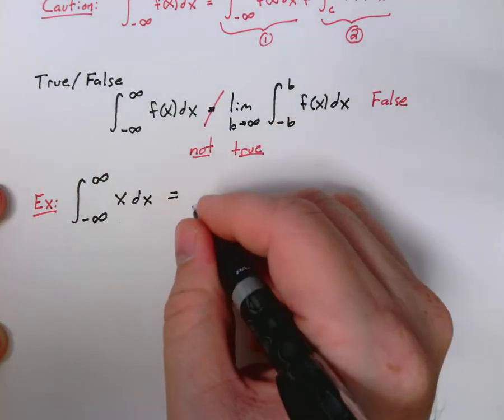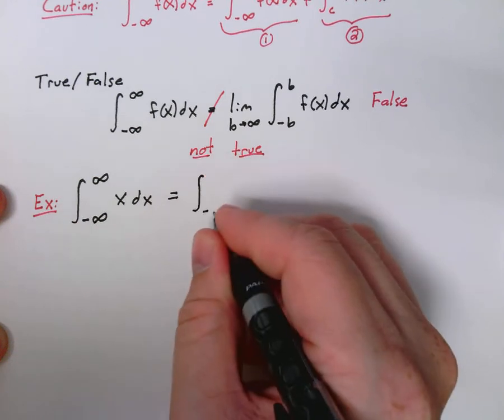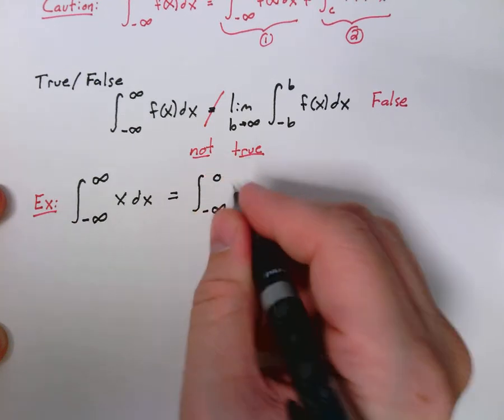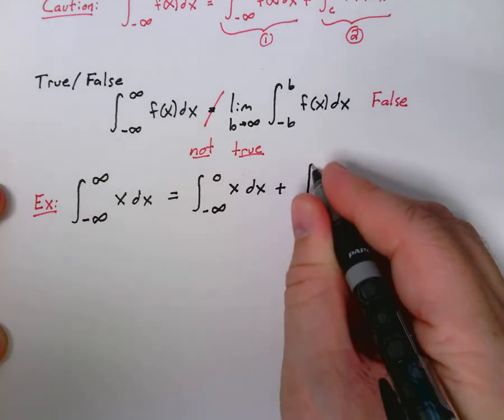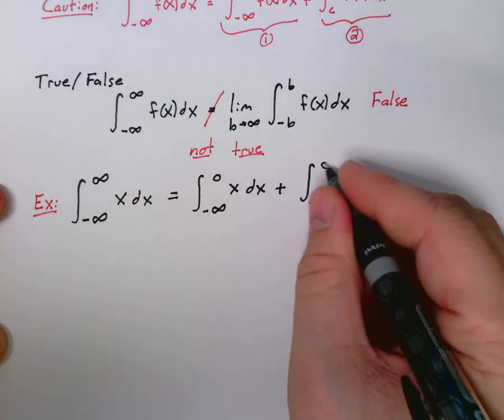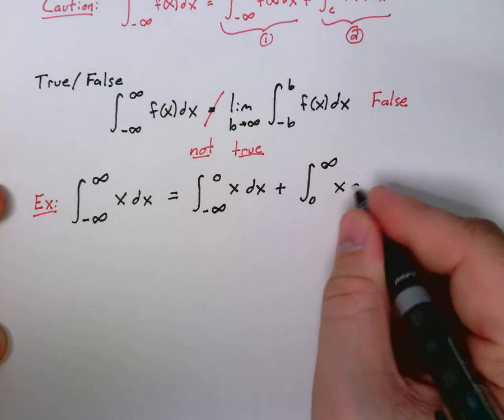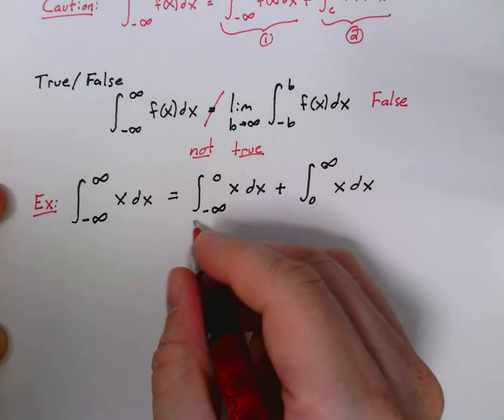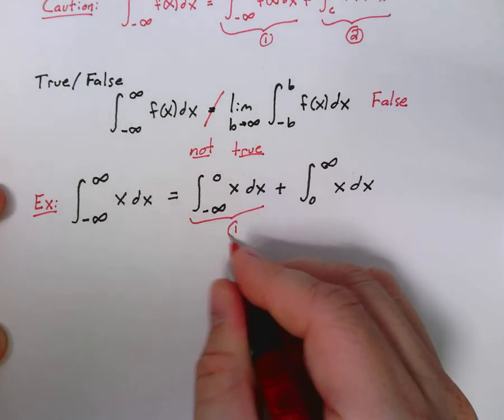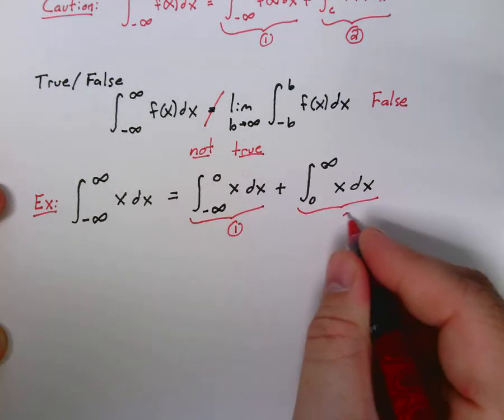The formal definition says I'm going to go from negative infinity to, say, 0 of x dx plus the integral from, say, 0 to infinity of x dx. I have two integrals.